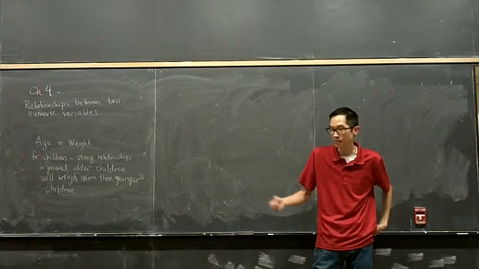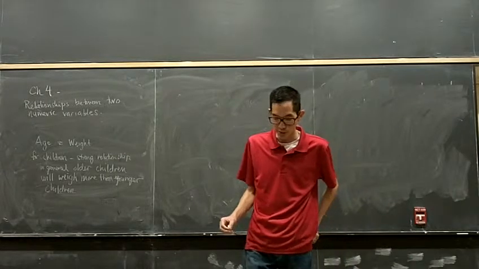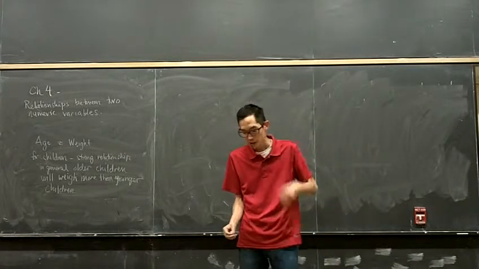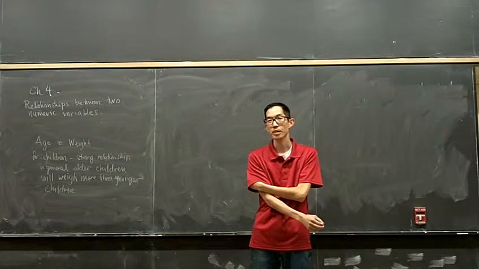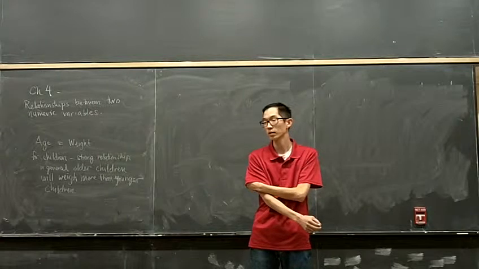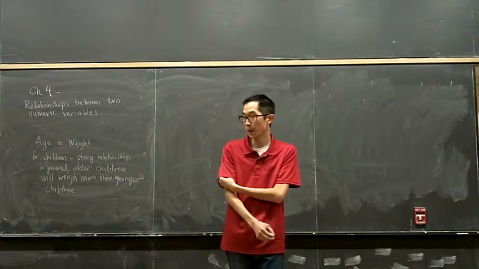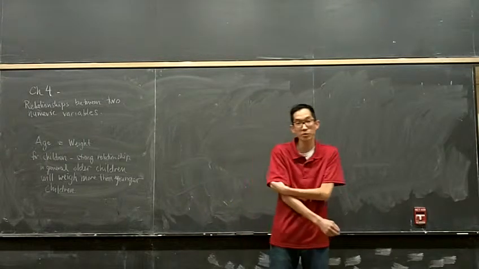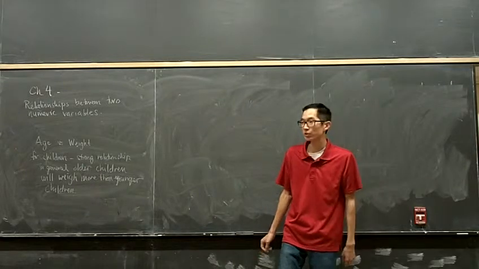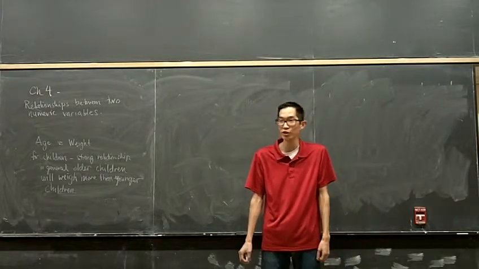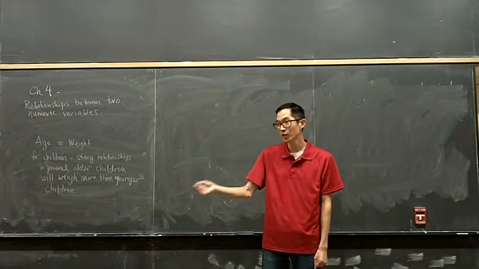Okay, what else might have a relationship between two numeric variables? Shoe size and height have a relationship? Shoe size and height? But actually, would shoe size be numeric? Yeah, shoe size could be numeric, right? Because you could say I wear a size 10 shoe and somebody else wears a size 11 shoe, and you can say so-and-so is one shoe size larger than so-and-so.